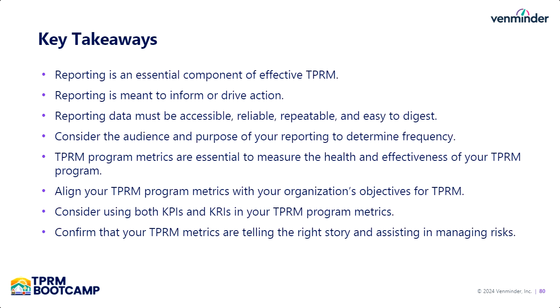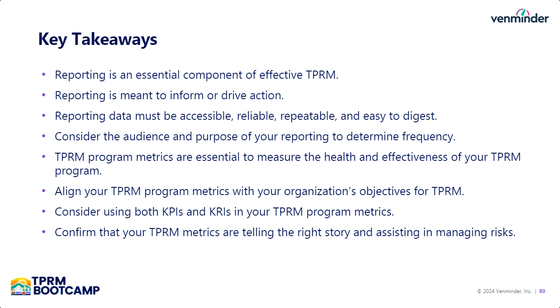All right, just a few key takeaways here. So we know reporting is essential for third-party risk management, and it is meant to inform and drive action. So it needs to be accessible, reliable, repeatable, and so easy to digest. In order to understand how often we should deliver that reporting, we need to understand the audience and purpose of that reporting.